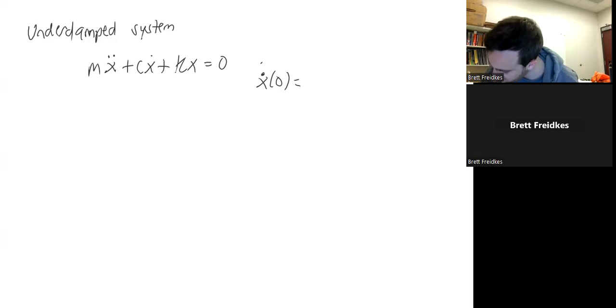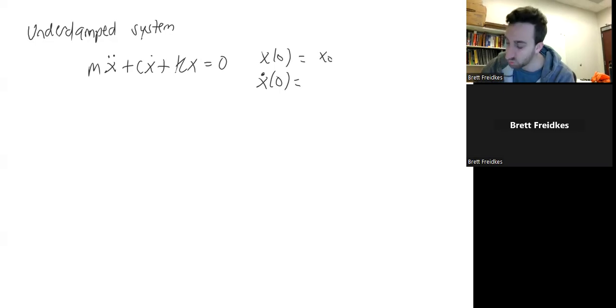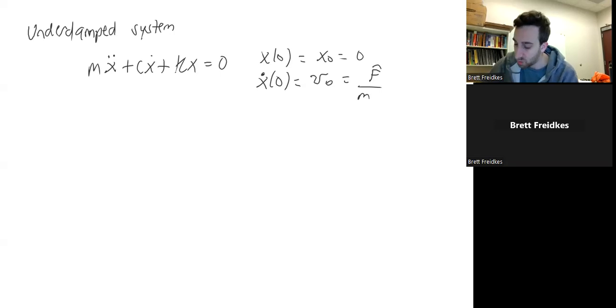Let me write this out so that it's more like the note. So x of 0 is x naught, and we say that's equal to 0 for these types of problems. We say the initial position of the system is 0 when it's exposed to the impulse. And x dot of 0 is the initial velocity, which we know is f hat over m, the impulse over the mass.